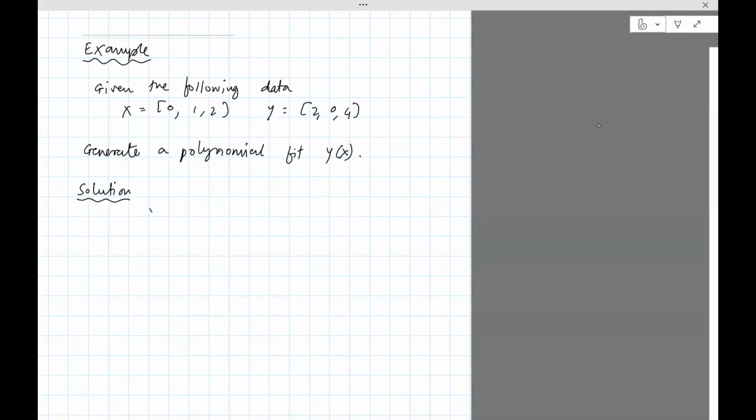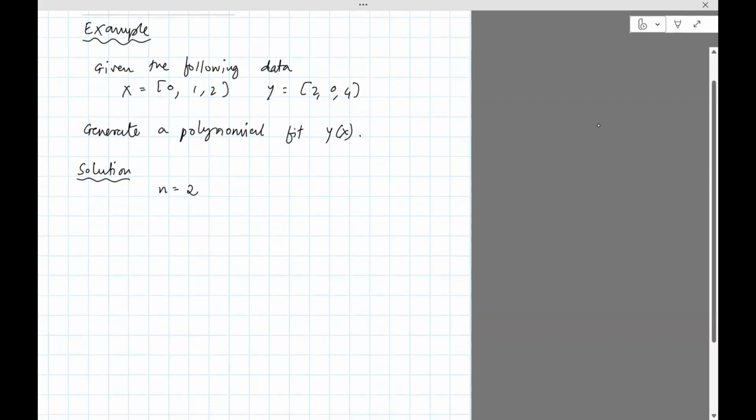Okay, so how do we go about it? Well, we see that there are 3 points, so we need n equals 2: a0 plus a1 x plus a2 x square. Substituting the values, we have 2, 0, 4.